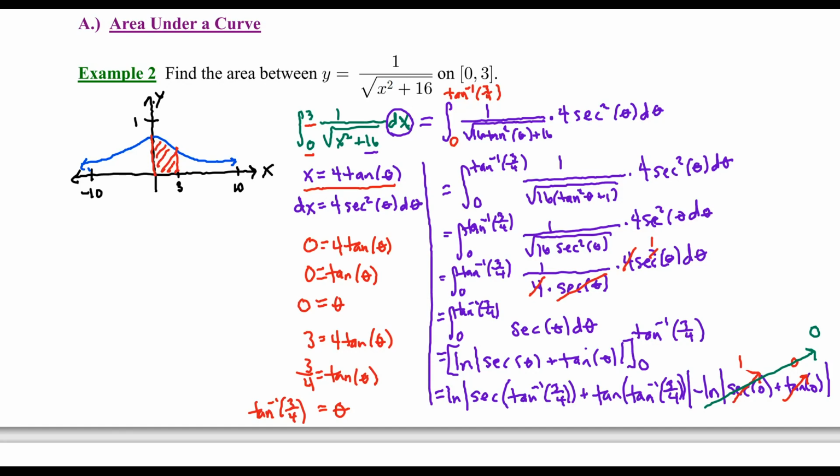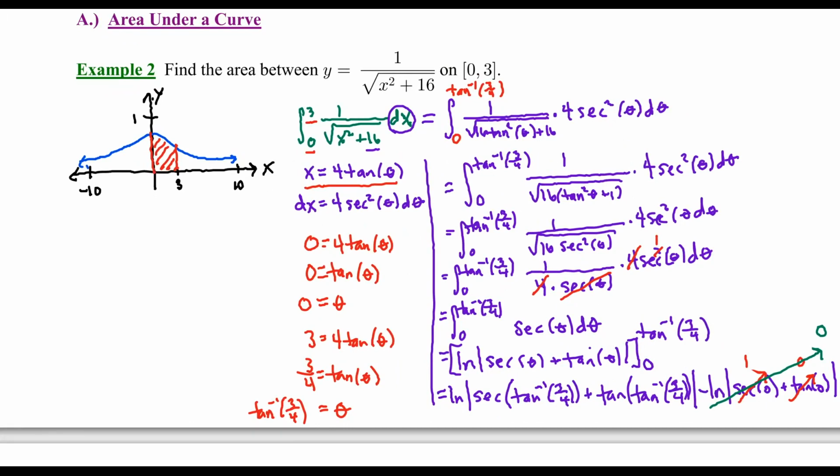Notice we have secant of inverse tangent of 3/4, and then tangent of inverse tangent of 3/4. We can evaluate this exactly if we use our right triangle relationships. And I'm just going to come over here to the left where I have some space and recognize that inverse tangent of 3/4 is some angle theta.